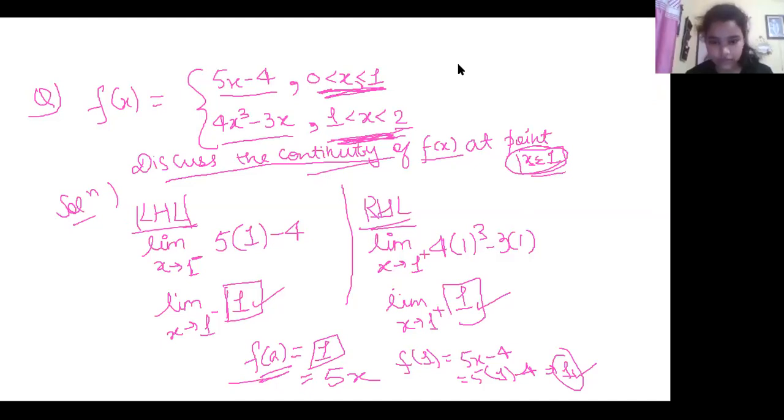Now, next question. Basically in this type of question, we have to find LHL, RHL, and the value of the function at point A. Now, a very easy question again is this. Question is, discuss the continuity of the function again.